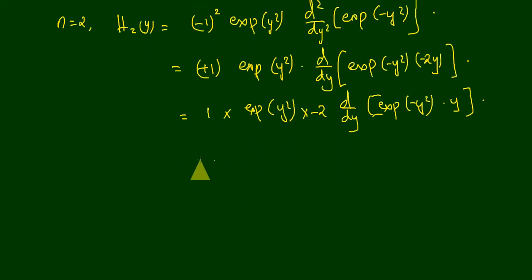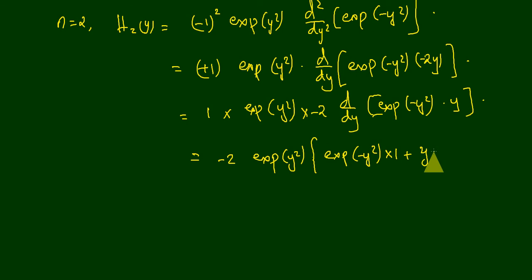That is minus 2 exponential y square into the first function, exponential minus y square, into the derivative of the second, which is 1, plus the second function y into the derivative of the first function, exponential minus y square into minus 2y.